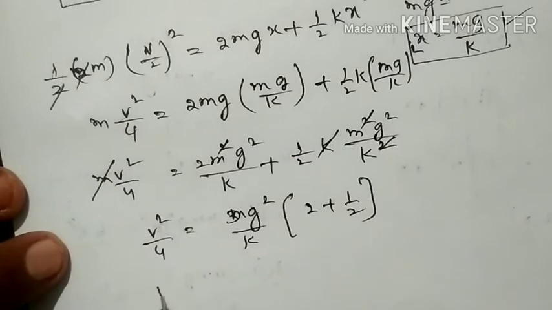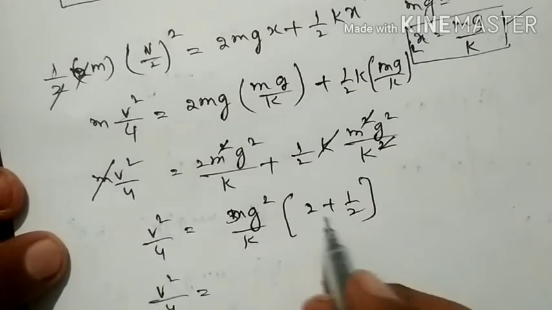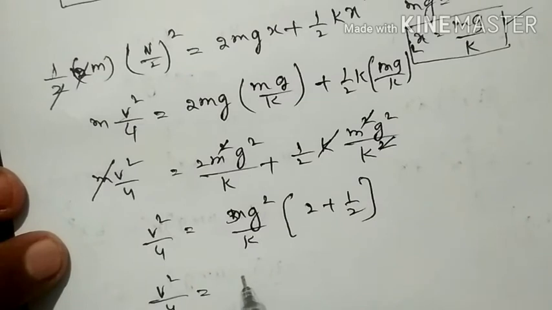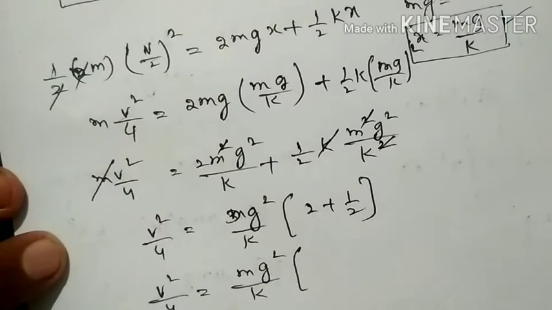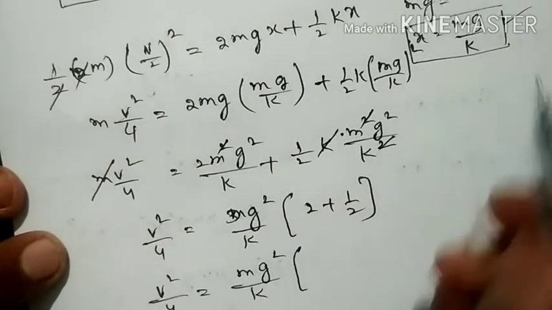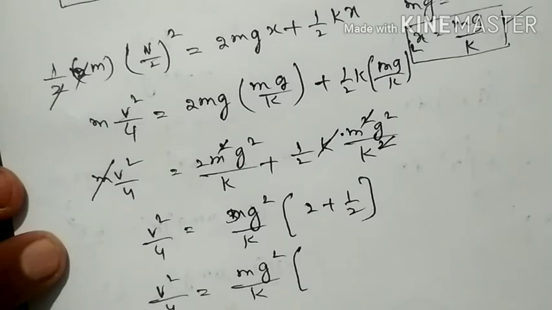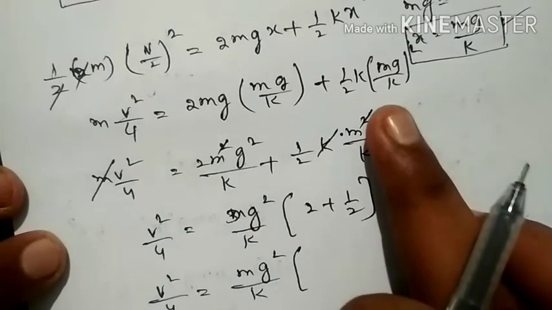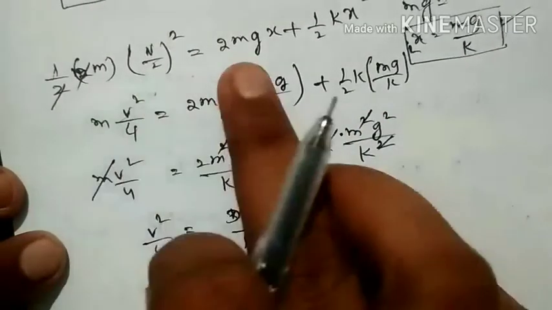v square by 4 equal to 2 2s are 4, 5. Okay, mg square by k, half of it is also 2m whole square. Gravitational force is negative, that is minus 2mgx. Then you will get the answer.